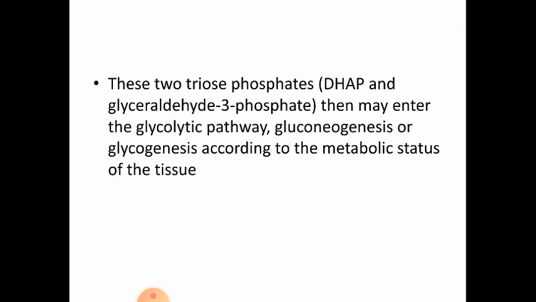So, according to the availability of glucose, these intermediates may enter into the glycolytic, gluconeogenesis or glycogenesis pathway. If glucose is not available, they can enter gluconeogenesis or glycogenesis. If the glucose content is plenty in that tissue, they can go to the glycolytic pathway, glycogenesis.